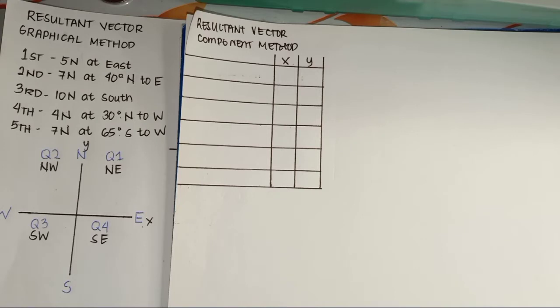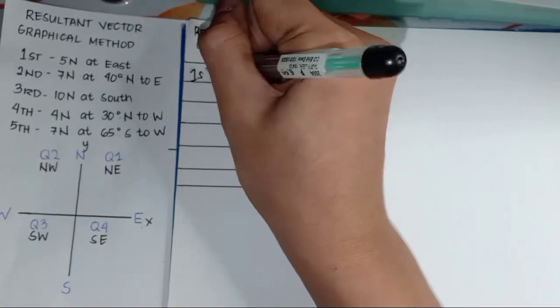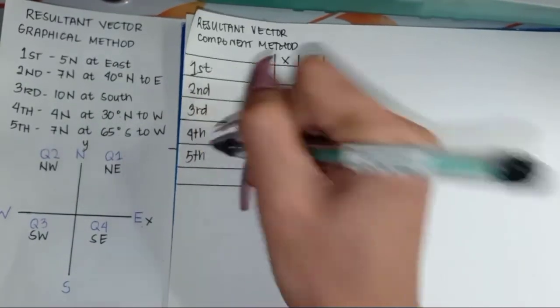After finding the resultant vector using graphical method, now we're going to find the resultant vector using component method. So first, we're going to copy the given vector, first and fifth.